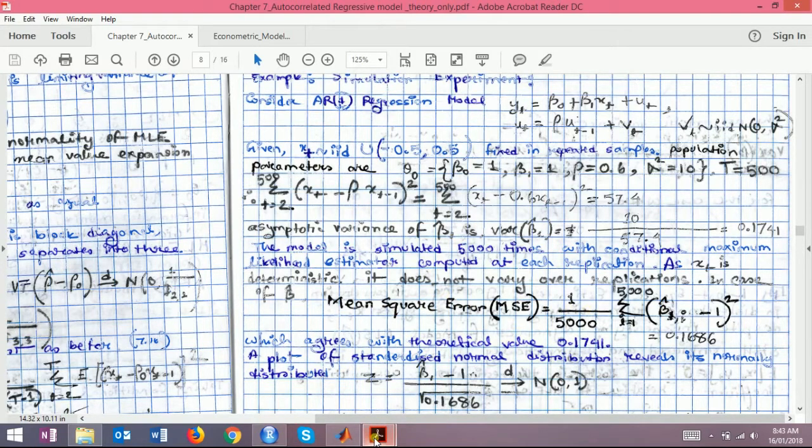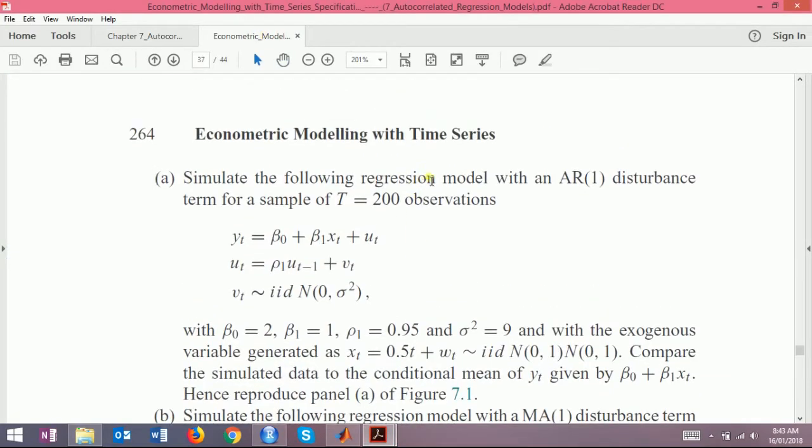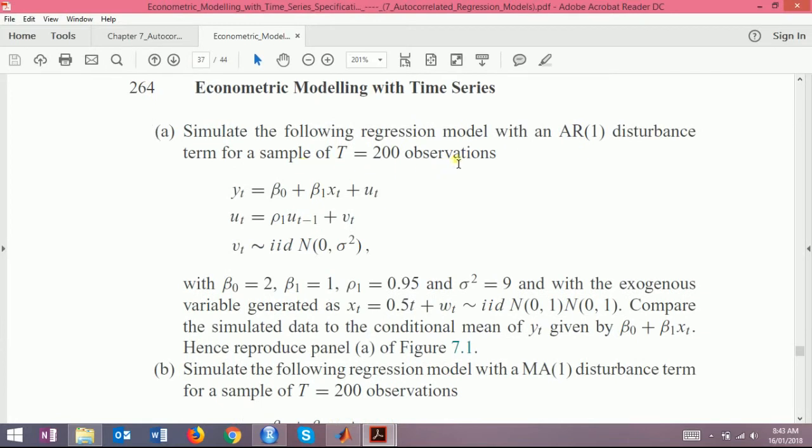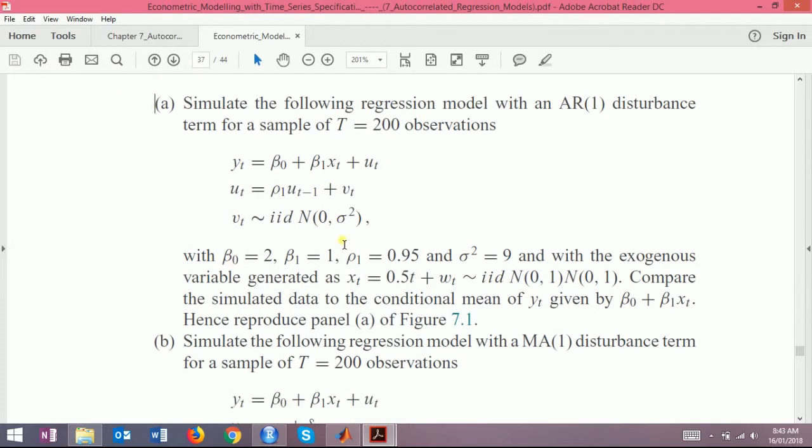So let's see what the problem is here. Simulate the following regression model with an AR1 disturbance term for t equal to 200 observations. Okay, fine. So with beta naught equal to 2, beta 1, these are the given information. The exogenous variable is generated from this equation, which is IID with zero mean and 1 variance.